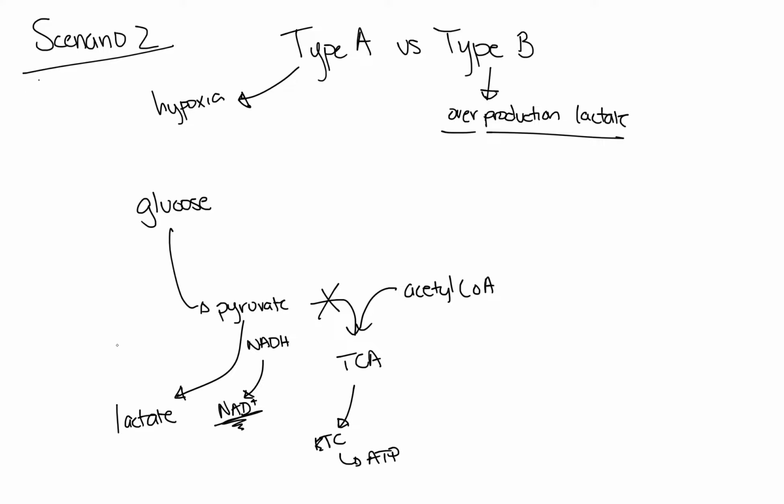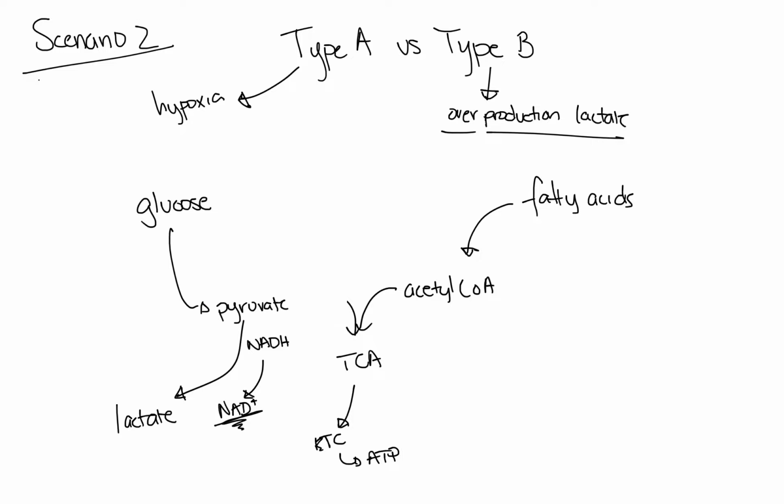Another example where you might see a significant type B lactic acidosis is in diabetic ketoacidosis. So normally, in order to make our acetyl-CoA, we have to break down our lipids into acetyl-CoA. And then the acetyl-CoA transfers into the TCA cycle via pyruvate.